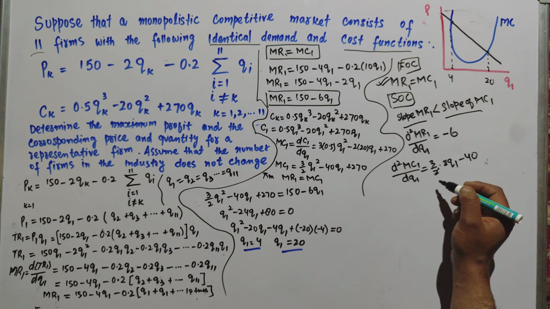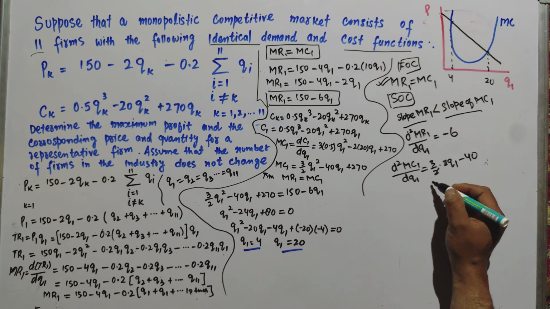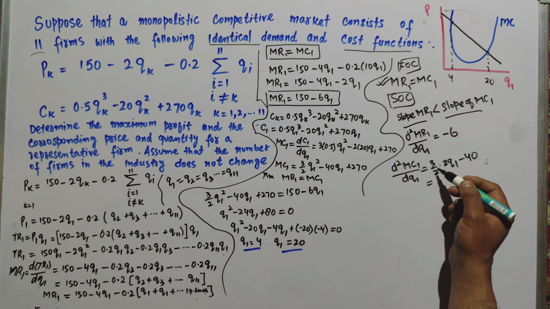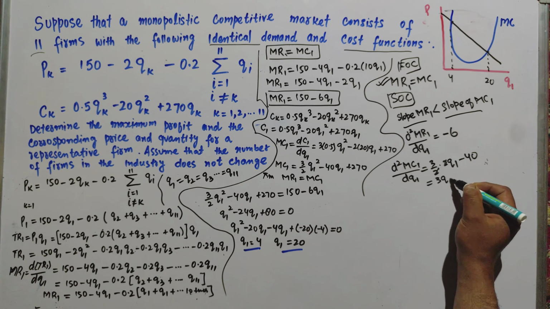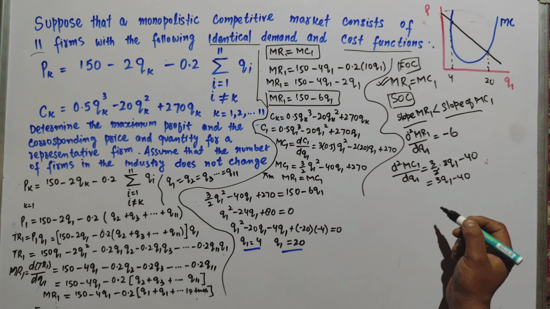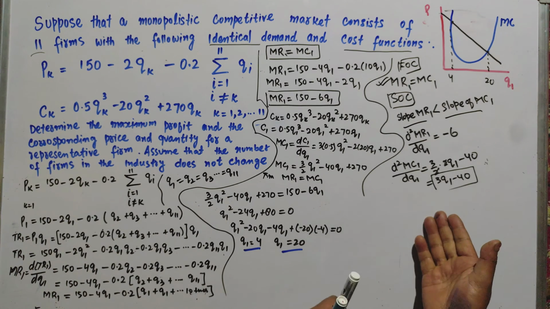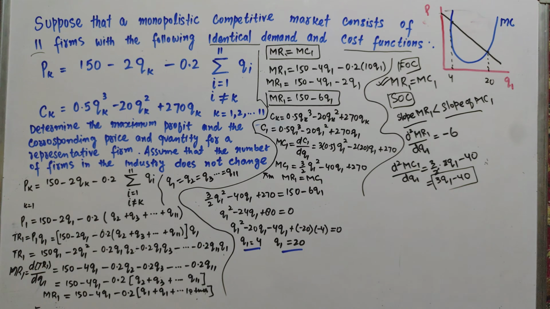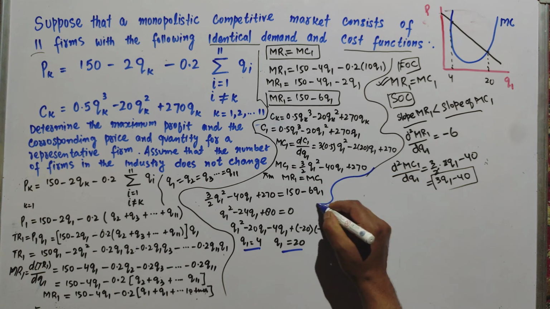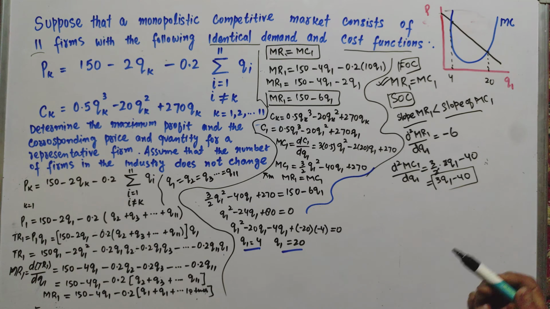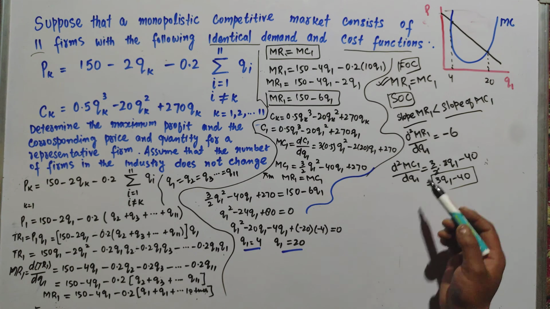So the 2 and 2 get cancelled, and 3 2s are 6, so we get 3q1 minus 40. Okay, this is the slope of the marginal cost function.